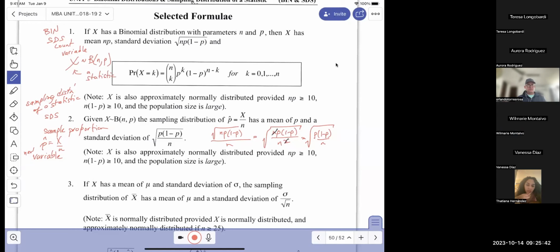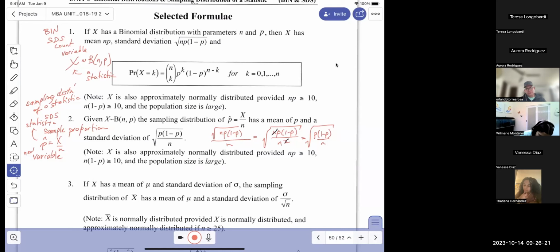P hat is a statistic. Go back to understanding the definition of a statistic. It's a number computed from a sample. We're counting out of a sample of N how many are successful. This is a statistic. Out of a sample of N, what's the proportion that are successful? So it's a variable, it's also a statistic, and that's what we're working on. We're finding a distribution of a statistic. Okay. So this statistic is a variable and it has a distribution.